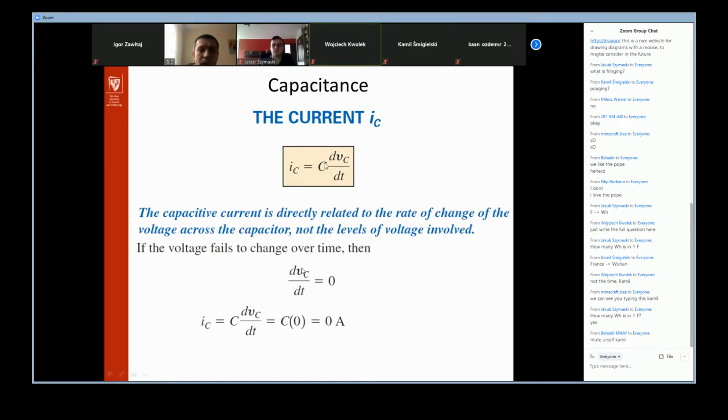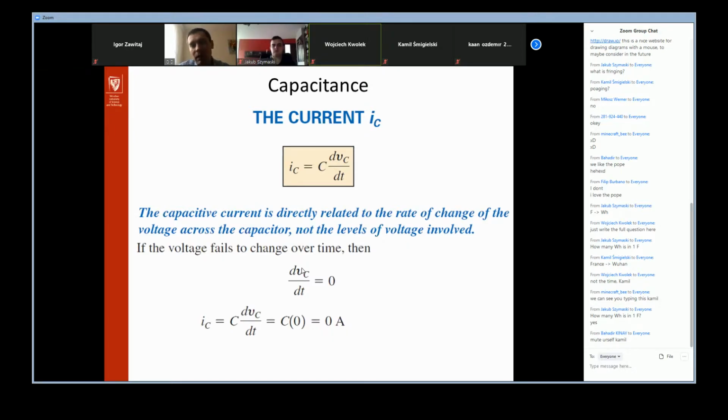Of course, the value of the current depends on the capacitance. Yeah, of course. If we have a higher capacitance, which means higher charges can be collected on the plates, it is possible that the current also will be higher when we, for example, turn on the switch and we observe the current which will be passing through the circuit.